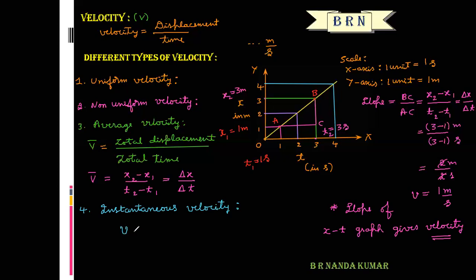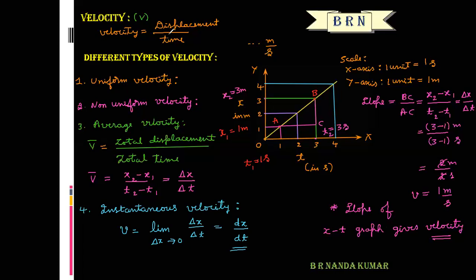The mathematical expression for instantaneous velocity is limit of delta t tends to 0. That means change in time is almost equal to 0, tends to 0. So delta x divided by delta t, that is equal to dx divided by dt.